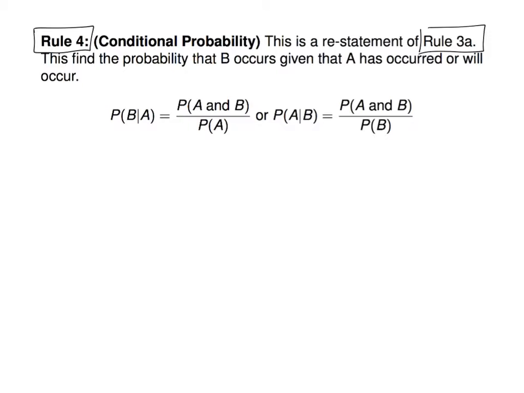And the thing that I told you to help you remember how this goes is that the second thing in your condition is the thing that goes in the bottom, right? So if you have B given A, it's A and B divided by P of A. If you have P of A given B, it's A and B divided by B. And A and B is the same as B and A, that's why the order doesn't switch there. Okay. So we're going to use that one to do example 1.